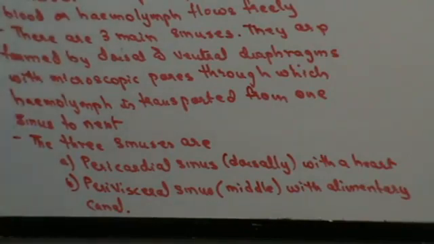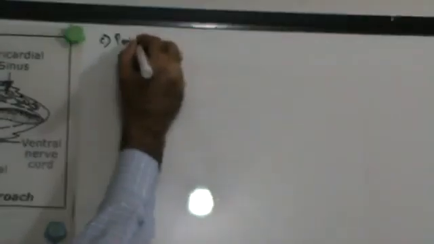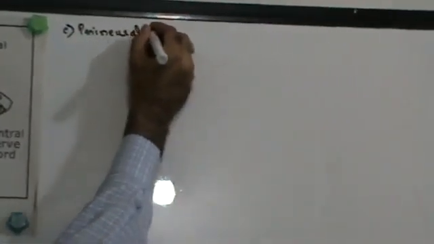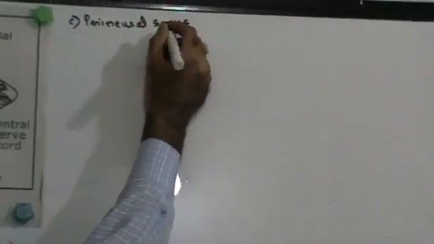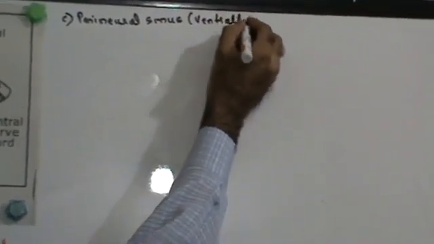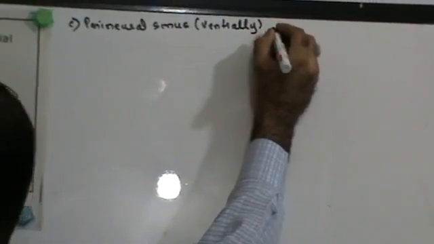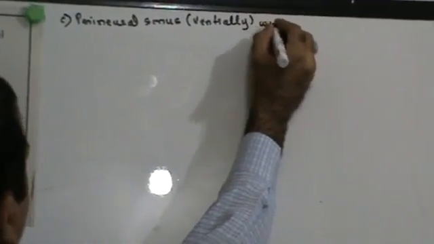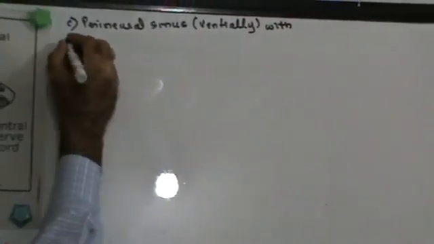And the third is the perineural sinus, which is present ventrally with the ventral nerve cord.